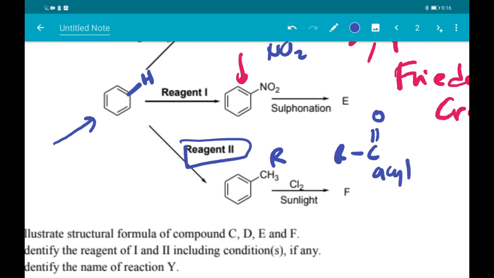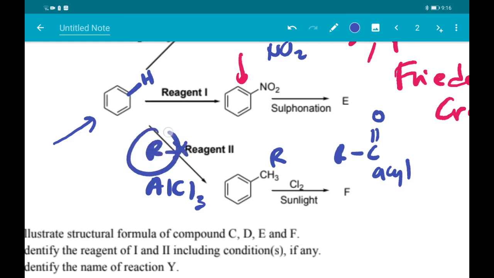Therefore, immediately we know that the catalyst that we'll be using will be aluminum chloride, and then the RX that we'll be using, the R is just referring to the alkyl attachment.